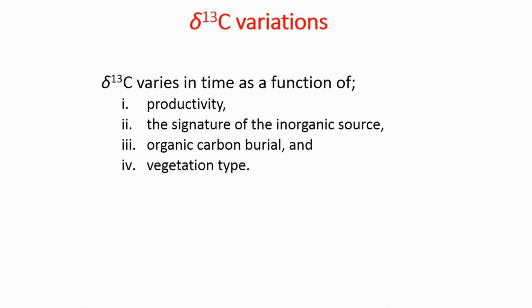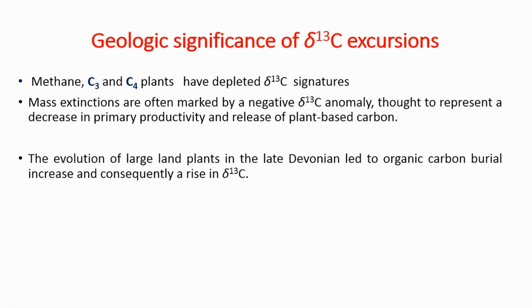The delta carbon 13 variations. Delta carbon 13 varies in time as a function of productivity, the signature of the inorganic source, organic carbon burial, and vegetation type. Geologic significance of carbon 13 excursions: methane, C3 and C4 plants.